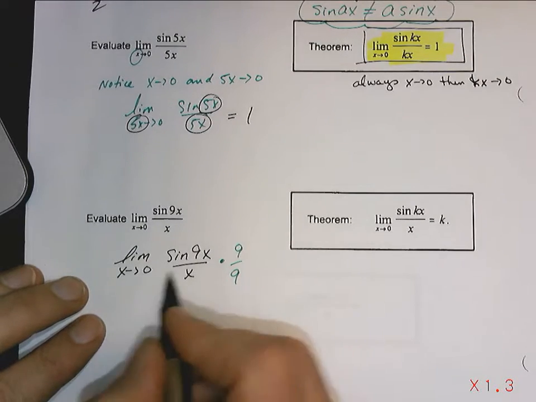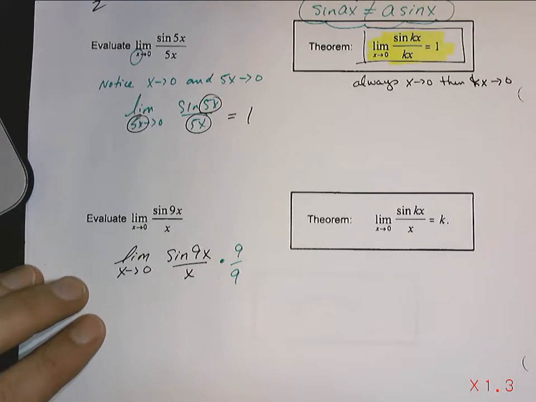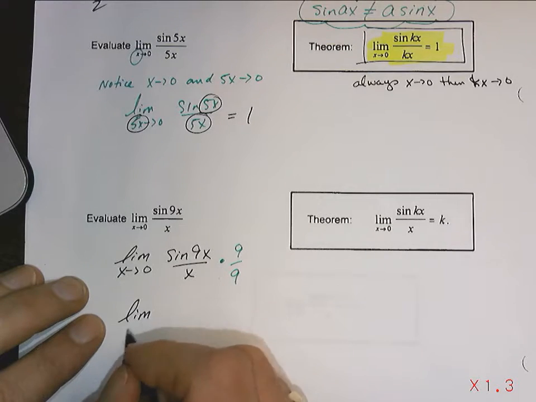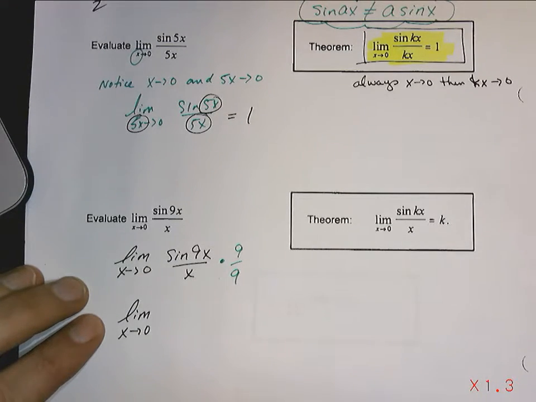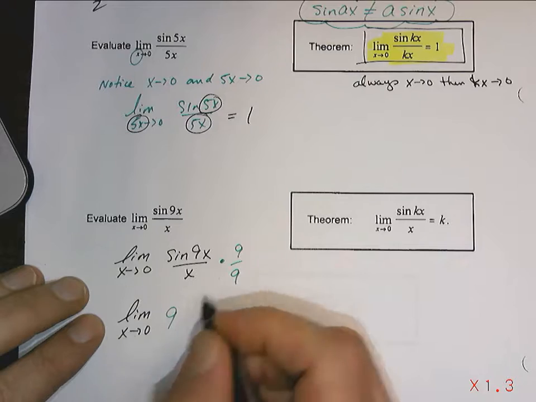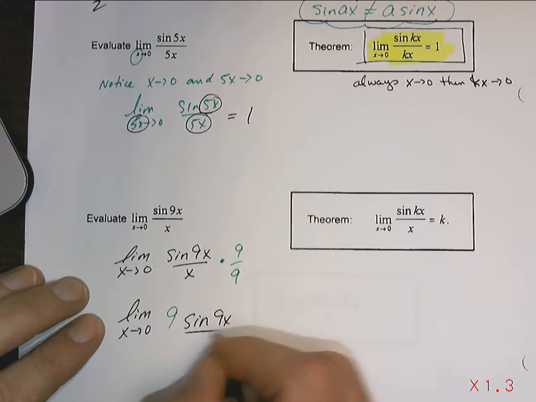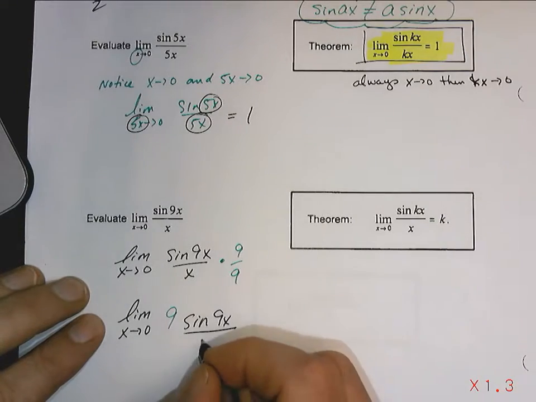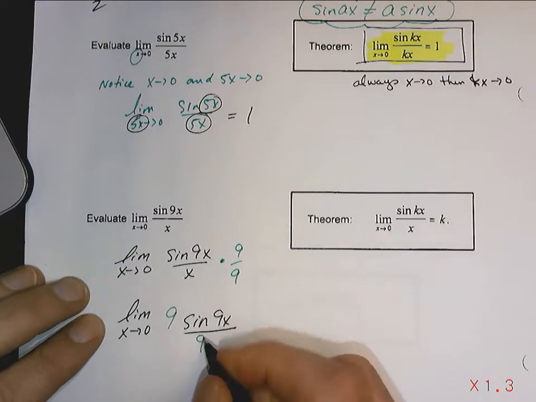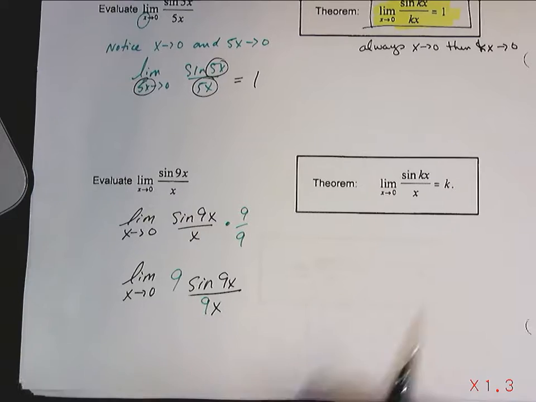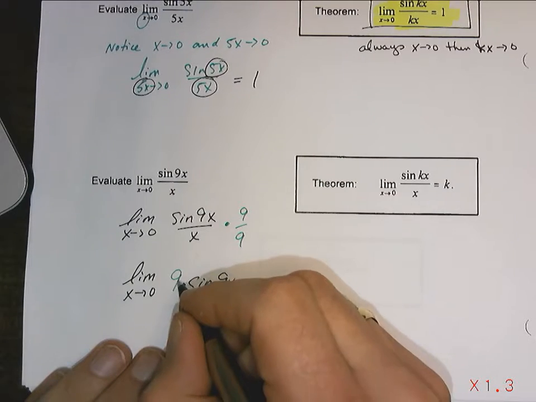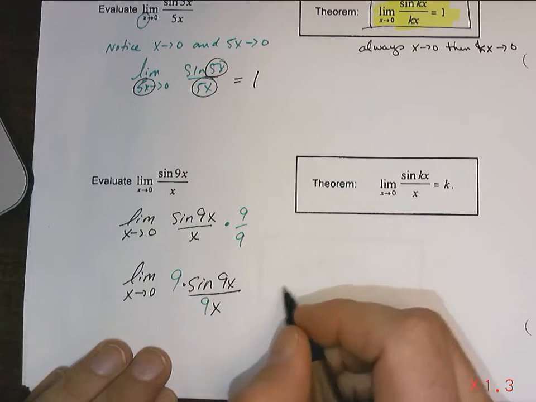Now if I think about this, this 9 in the bottom I want to keep. So it's going to be 9 times sine 9x over top of 9x. So look at that. That's how I want to have that. Top times top, bottom times bottom. This is a constant in the top. Take that out to the other side.